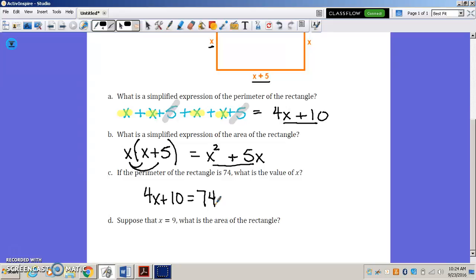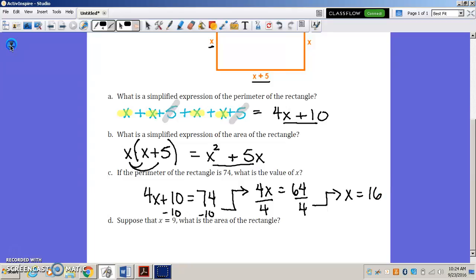I'm going to do this one by one. My first step would be to subtract 10 from both sides. And I get 4x, which equals 74 minus 10, which was 64. Lastly, I've got to divide both sides of the equation by 4. 64 divided by 4, I'm going to write this up here. x is equal to 16.